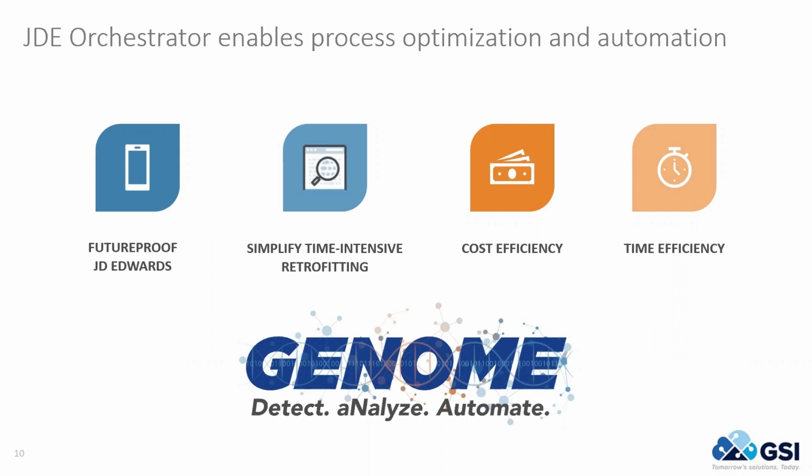So retrofitting your customizations into orchestrations is very cost effective and more efficient in time, right? It's quicker and easier, I believe, to do an orchestration than it is to generate and retrofit a JD Edwards application.